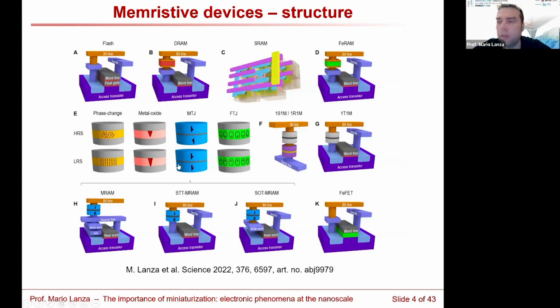There are many different electronic devices that can show this property, but actually the fact that makes resistive switching devices interesting is that the change in the resistance is non-volatile. If you just take one transistor, it also shows resistive switching.